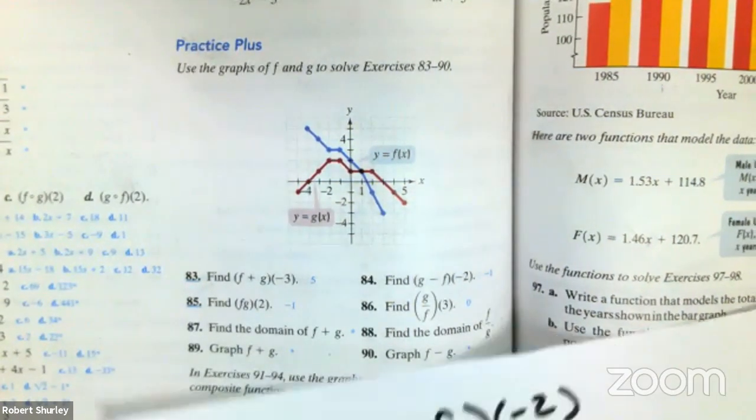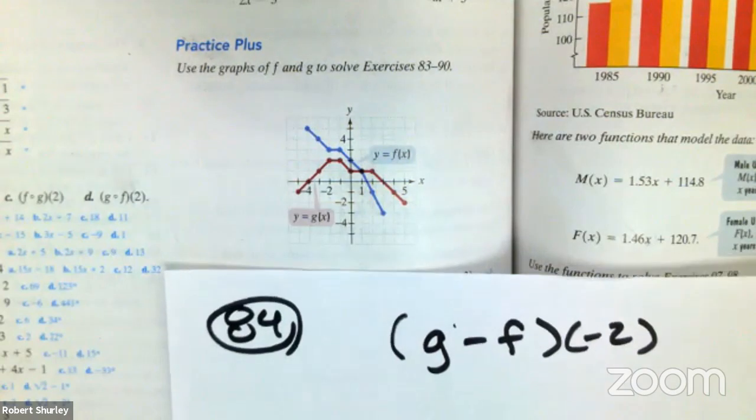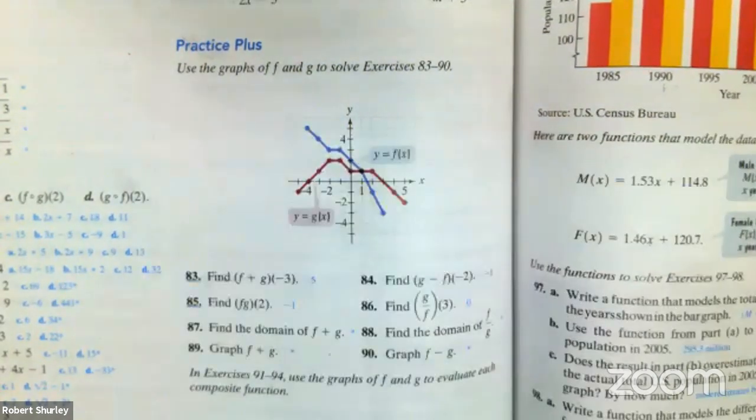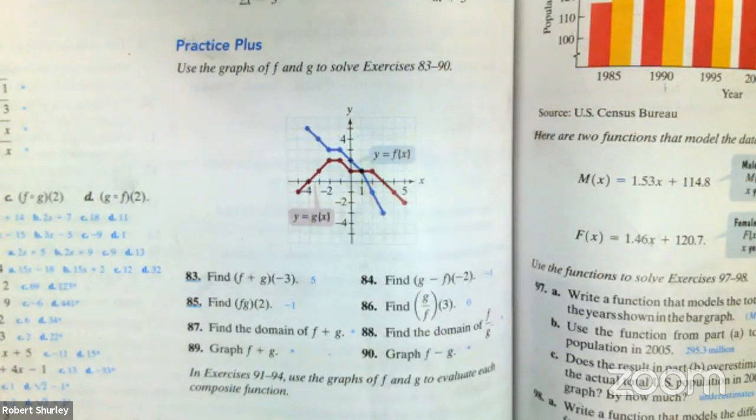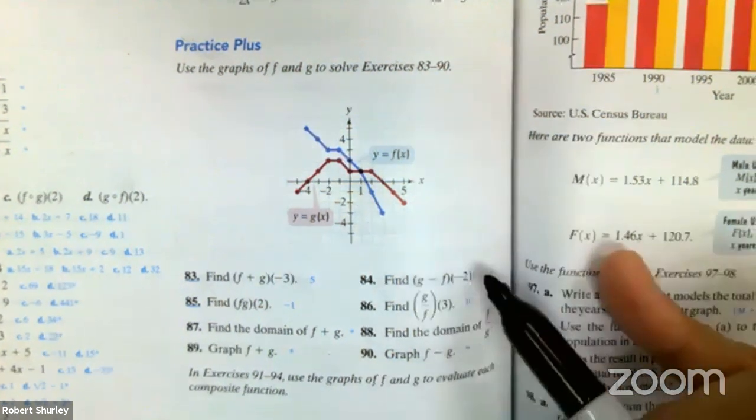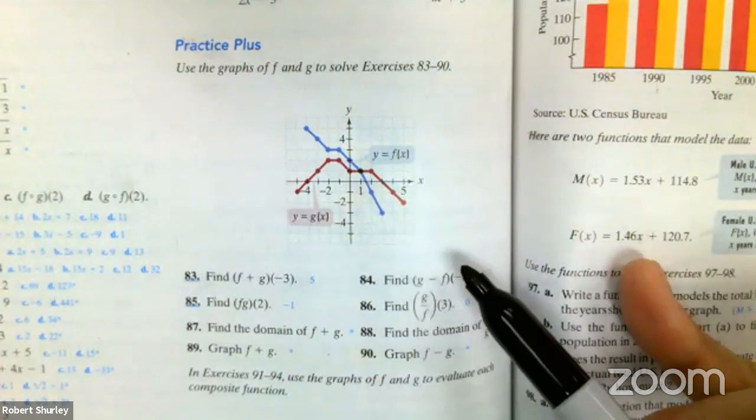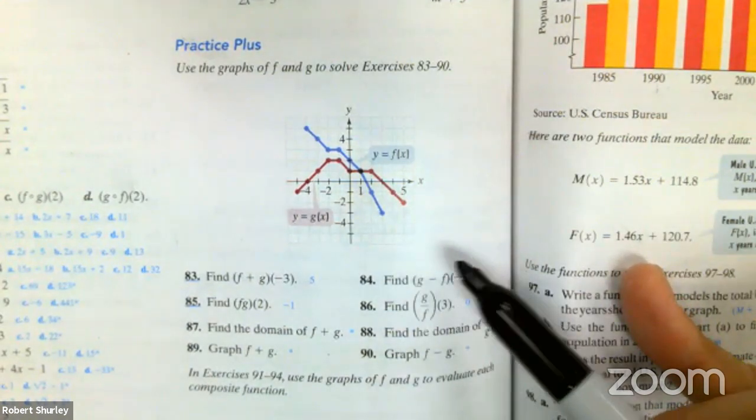I've zoomed in too far now, but remember with combinations, that -2 goes to both functions.